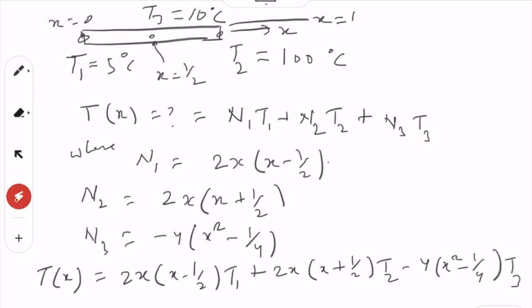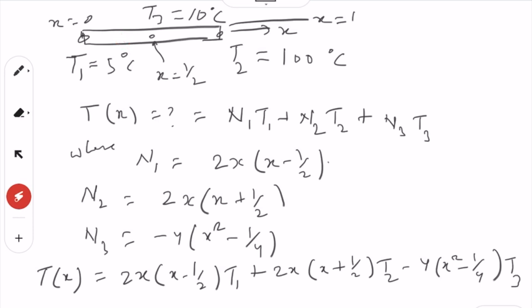So this is what T will look like. Accordingly, if you want to find the value of T at x equal to say 3/4, or 1/3 or 1/4, you can find out what the value will be.